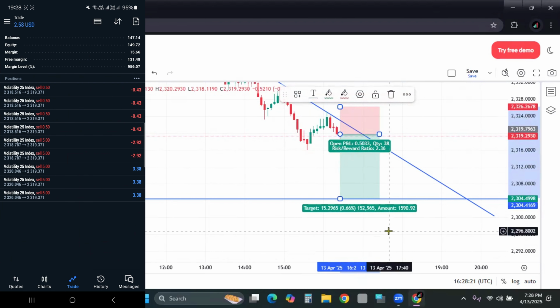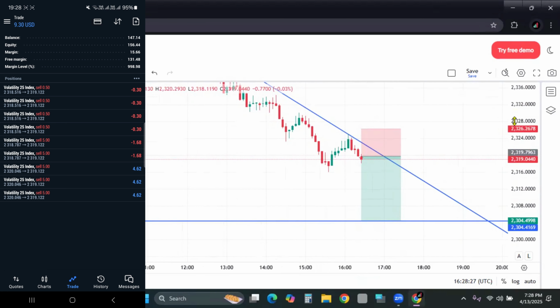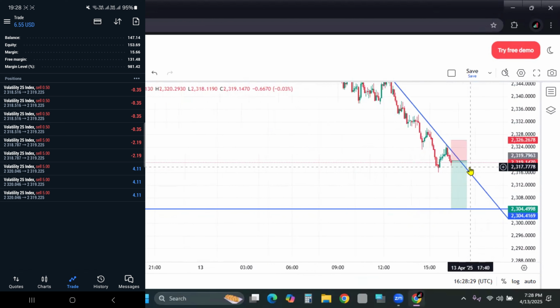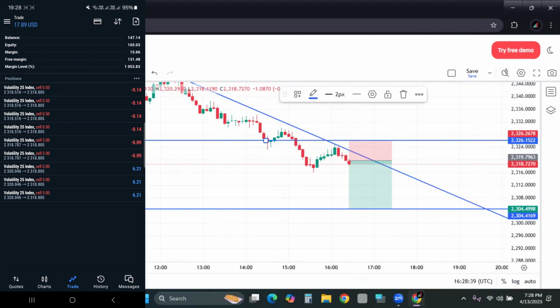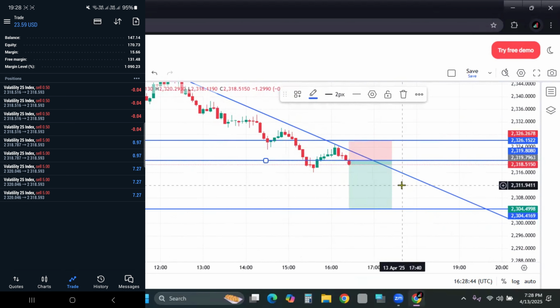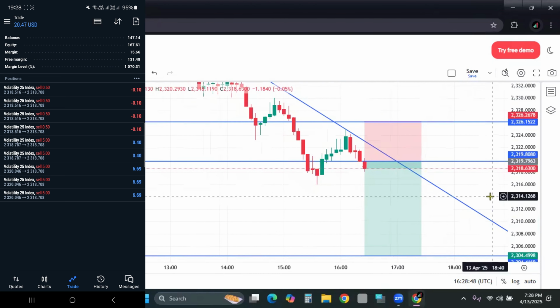So how do the TP and the stop loss work? Let me explain. Let me put the take profit line, the stop loss line, and the entry line. These are the entry, okay? This is how it works. We put it like this.